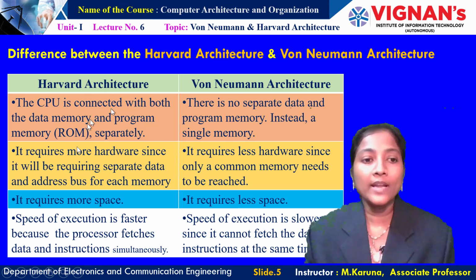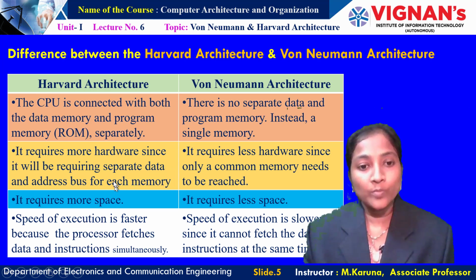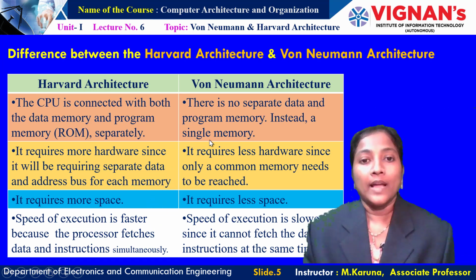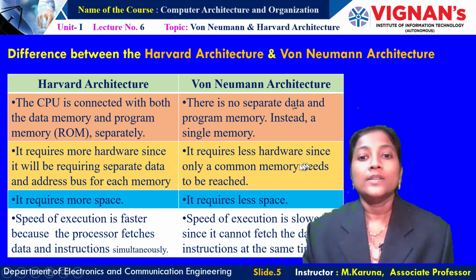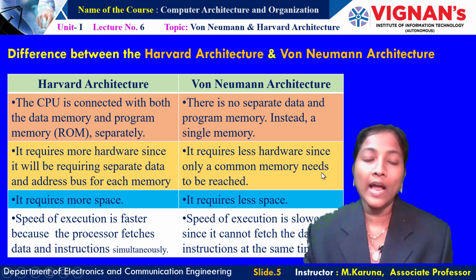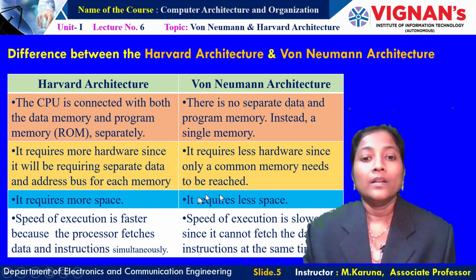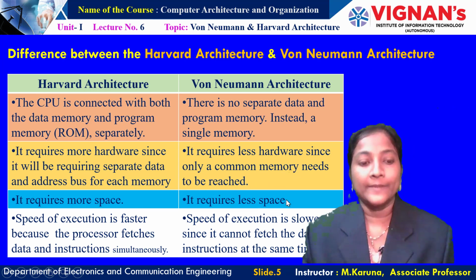The Harvard architecture requires more hardware since two buses are used, so the design of the control unit becomes complex, it is available at high cost, and it also requires more space. The Von Neumann architecture requires less hardware since it consists only of a common memory for storing data and instructions, and it also requires less space.